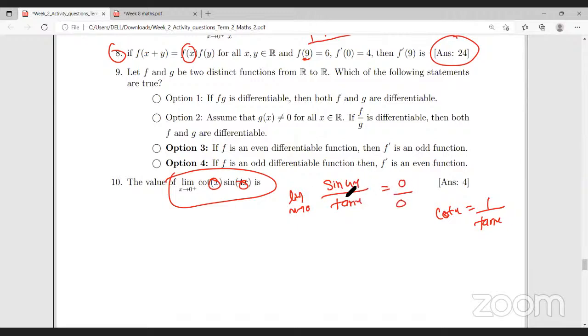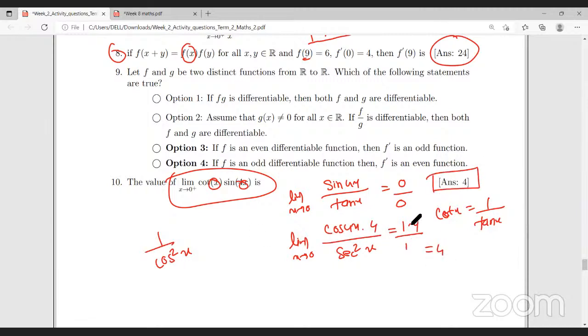Apply L'Hospital rule: cos of 4x into derivative of 4x, that is 4, upon derivative of tan x, that is sec square x. Now apply limit x tends to 0. cos 0 is 1, so that is 1 into 4. Sec square 0 is 1 upon cos square 0, and cos 0 is 1, so it will be 1. So the answer will be 4 only.